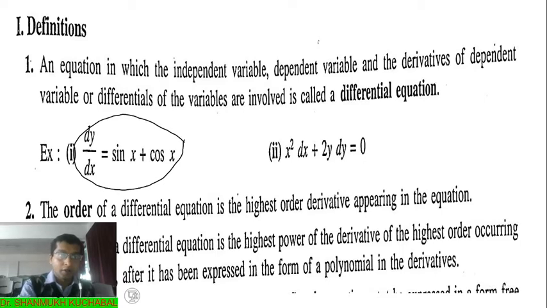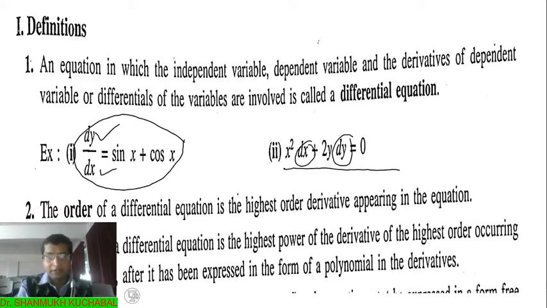Here we call y a dependent variable, x an independent variable, and any equation consisting of differential coefficients is called a differential equation. It is another equation. Here we have a dy and a dx, therefore it is a differential equation.